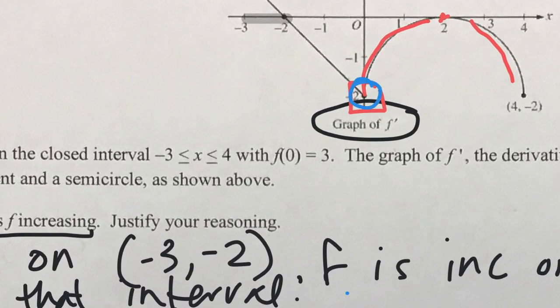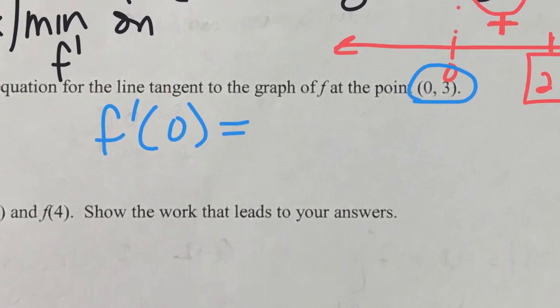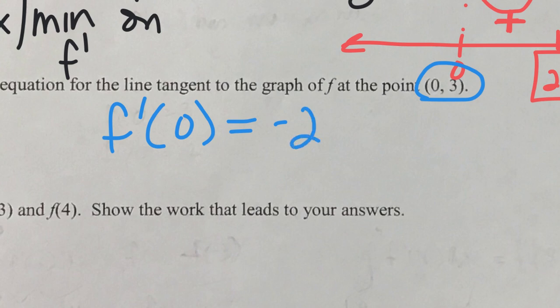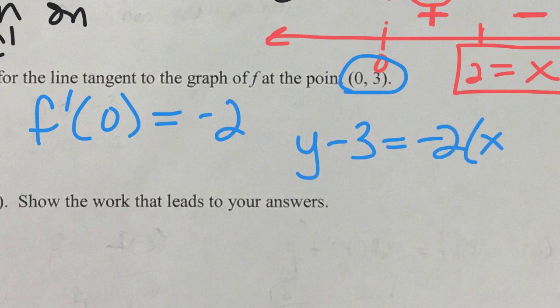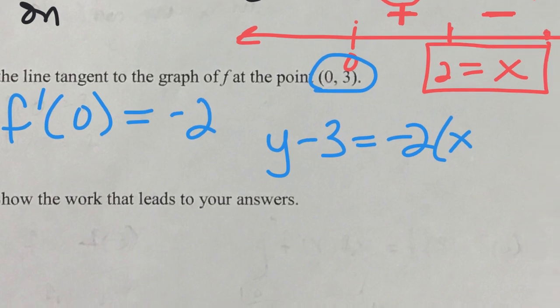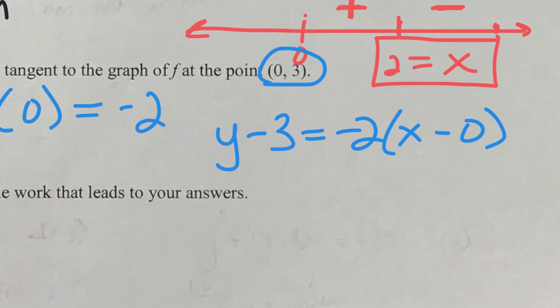It's -2, right? This is the graph of the slopes of our function f. So we have a slope of -2. So y minus 3 equals -2 times x plus 0. Or maybe we should put -0 since that's kind of what the equation says. You don't have to simplify in calculus.